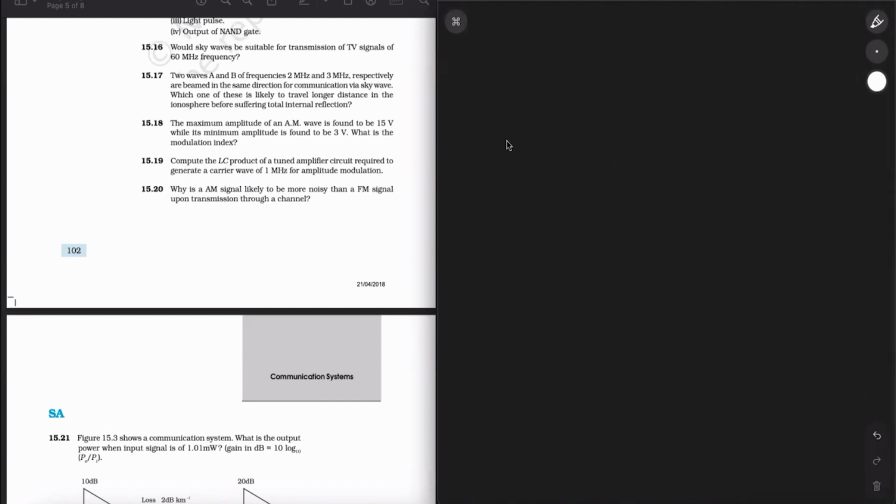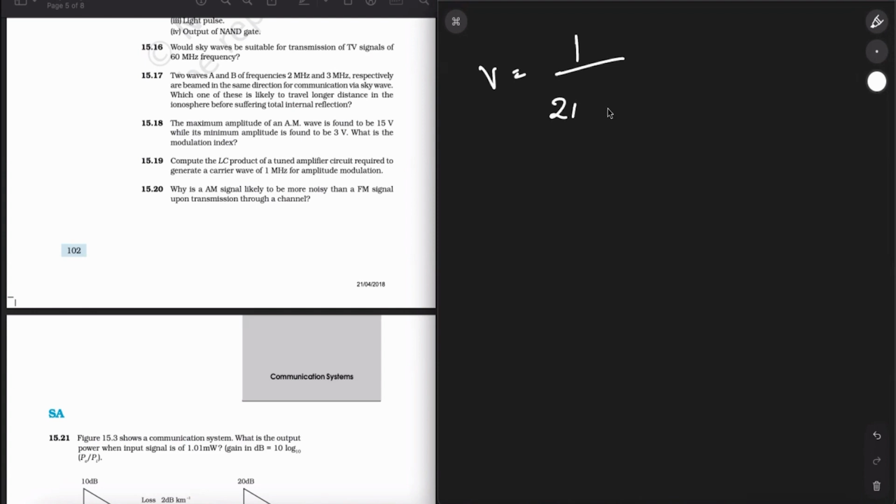Next up, I have question number 19. Compute the LC product of a tuned amplifier circuit required to generate a carrier wave of 1 megahertz for amplitude modulation. So frequency of a tuned amplifier is equal to 1 upon 2 pi root LC.